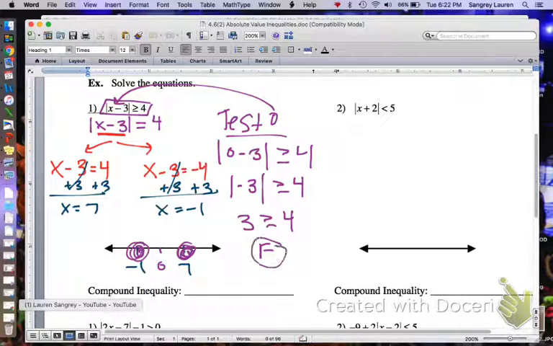That is false. So we have to shade far away from 0. Because this is an inequality problem, we're going to shade out in both directions. I didn't shade in because that's where 0 is. So in order to shade far away from 0, I'm going to shade out. The options for these problems is we're either shading in or out, just like our other inequality problems. Let's try number 2.